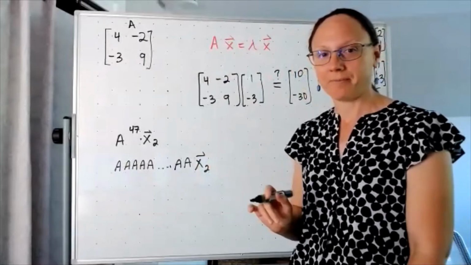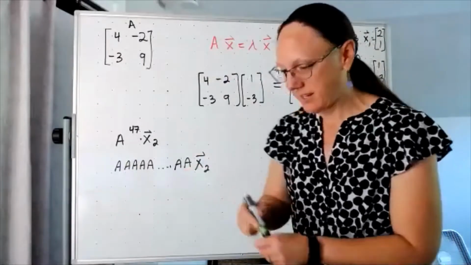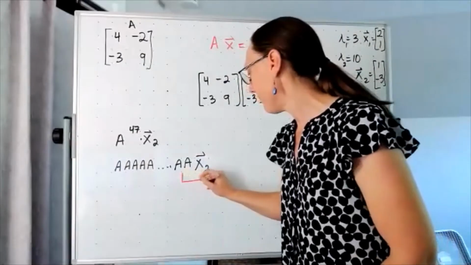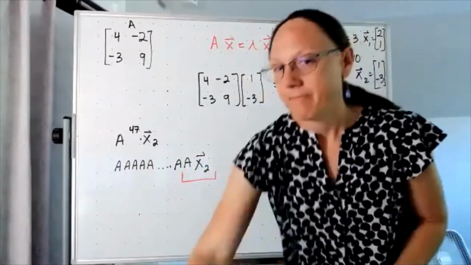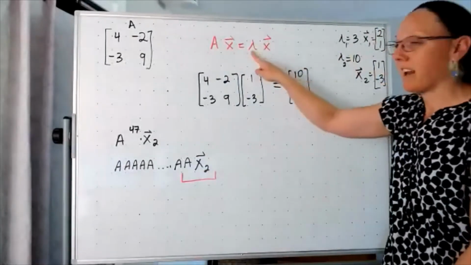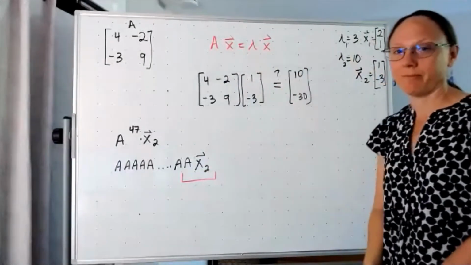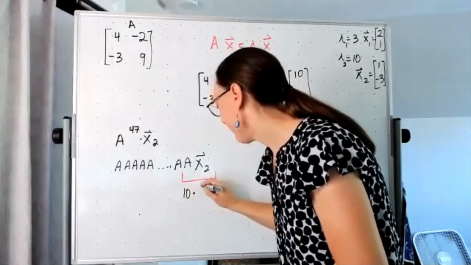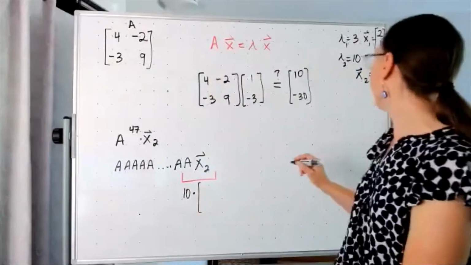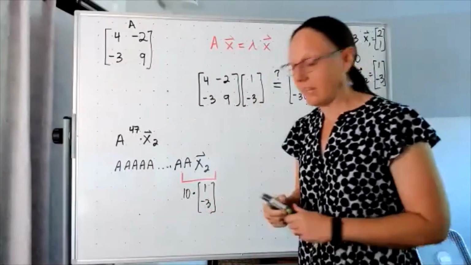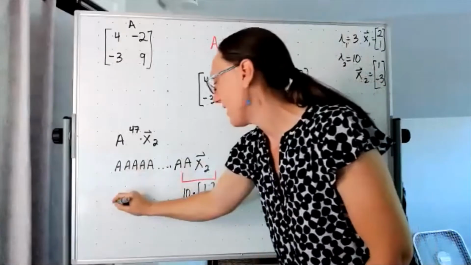But wait, A times x2 is really just 10 times x2. We still have all those other A's.